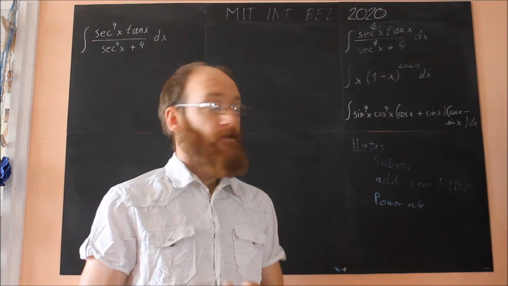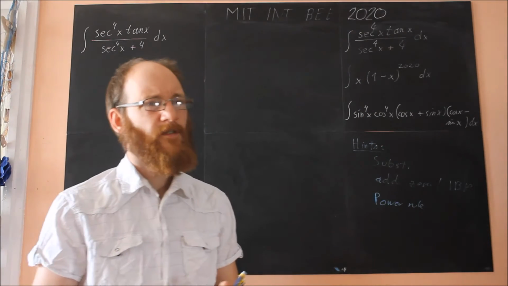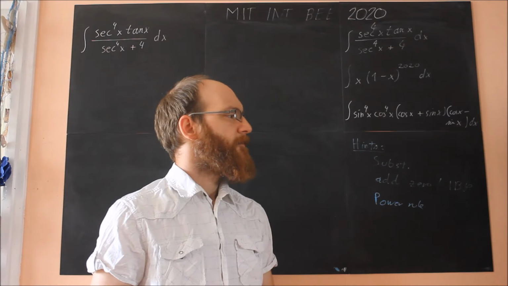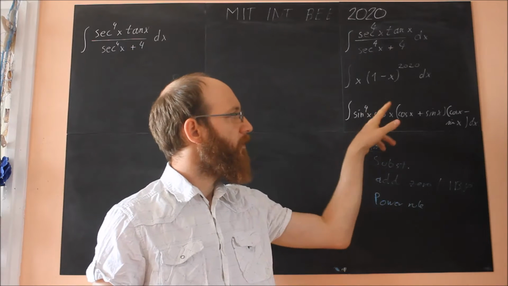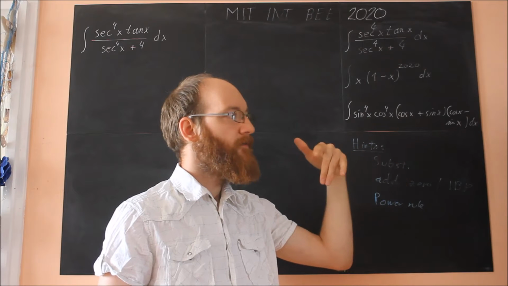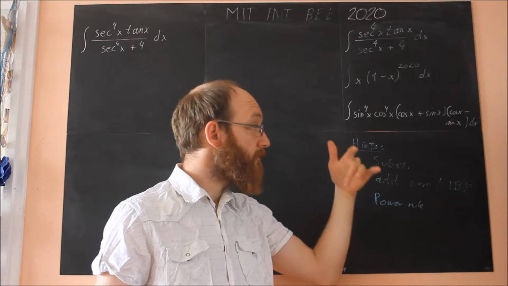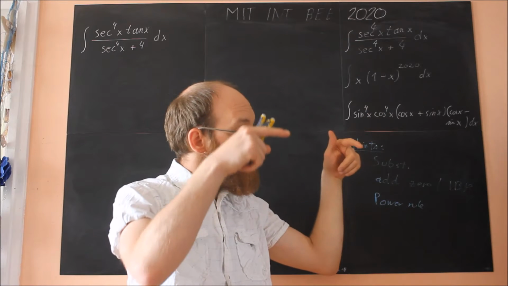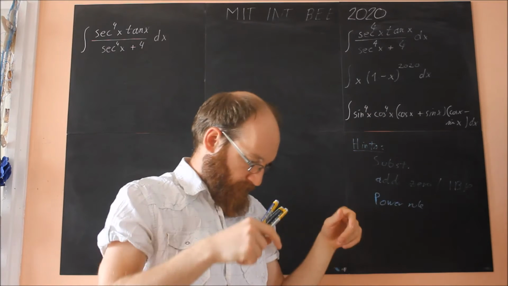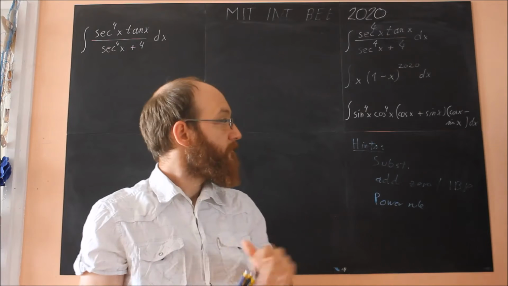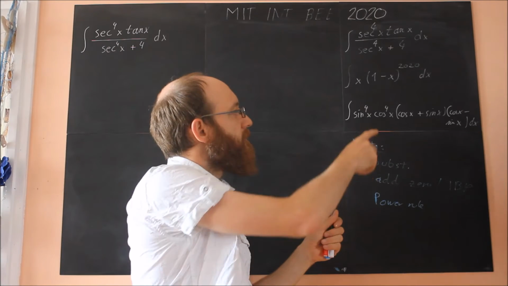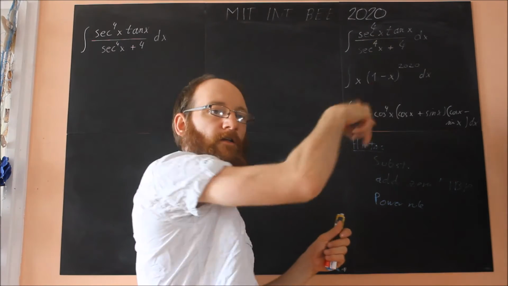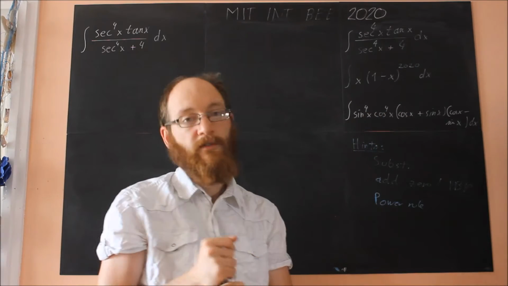And for the last one, there is obviously some power rule going on. So if we had the antiderivative, then taking the derivative of that, there is some product rule going on and some power rule, possibly.